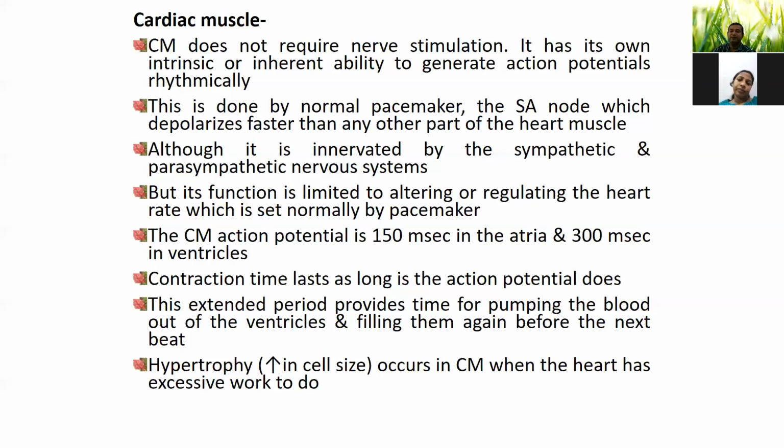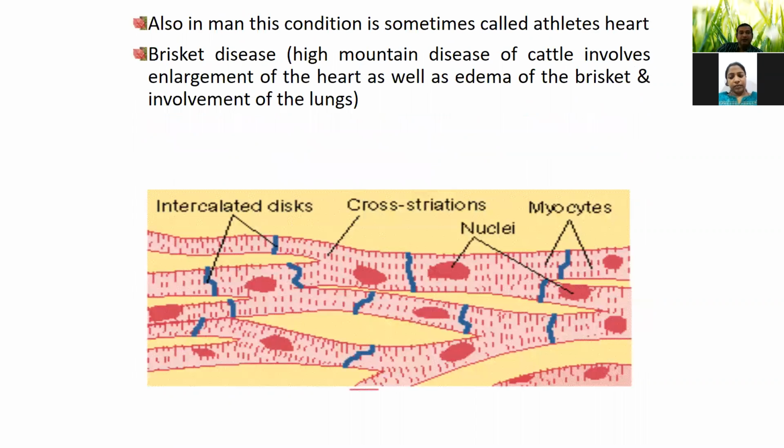If an animal is performing some exercise or heavy work, then hypertrophy will prevail because the cell size of the muscle will definitely increase. Increased in the sense of quality, not quantity. In humans, sometimes it's also known as athlete's heart.